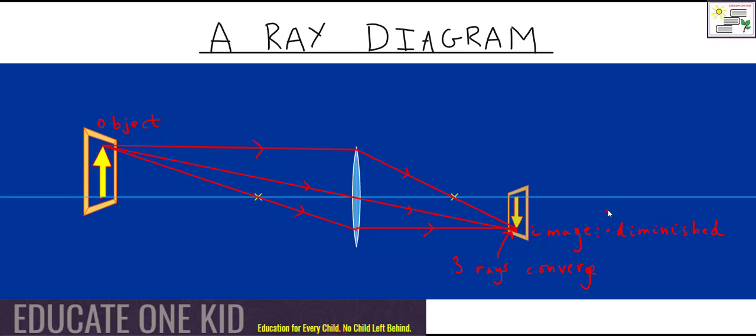Also, notice that the arrow here is pointing down, whereas the arrow in the object is pointing upwards. So here this arrow is pointing up, but here the arrow is pointing down. So we say that the image has been inverted.